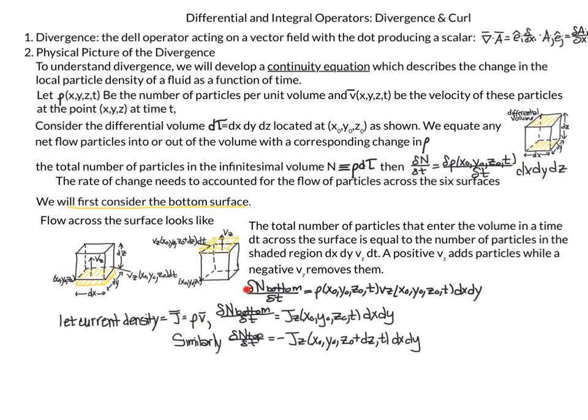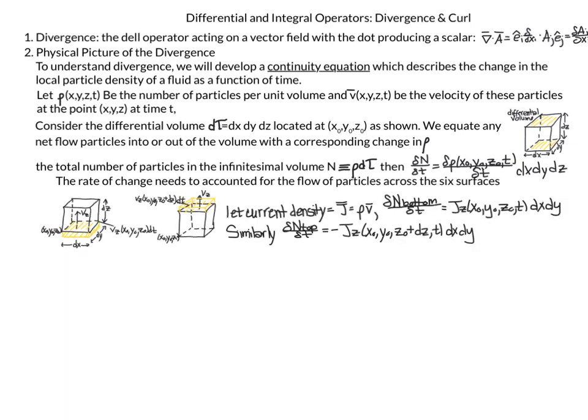That gives us now our change in the number of particles at the bottom, dt, is equal to j of z dx dy. Similarly, we can do something for the top for particles leaving, although if they're entering, vz is going to be negative. It's the opposite of what we did for the bottom.